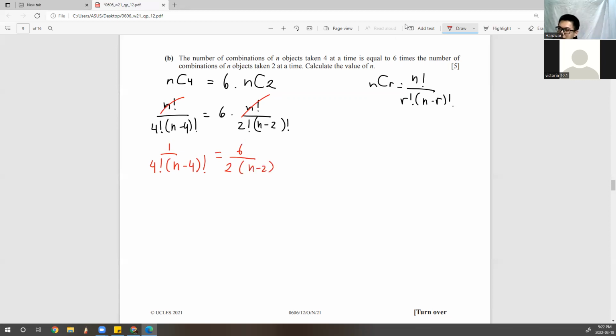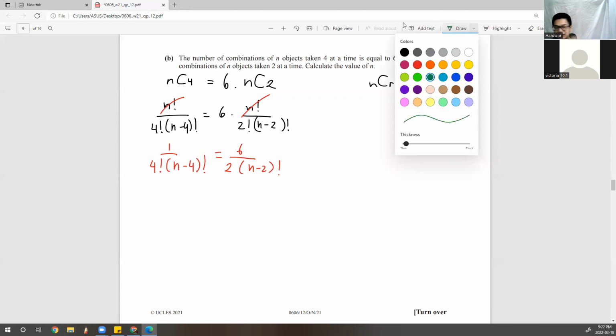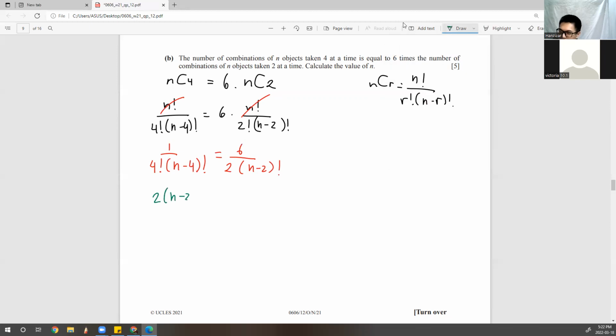N minus 2 factorials. What you do next? Cross multiply, because we hate the fraction display. So you have to cross multiply. So 2 and n subtract 2 factorials equals 6 times 4 factorials, not 24. Careful, because 4 factorials is 4 times 3 times 2 times 1, and then times n subtract 4 factorials.